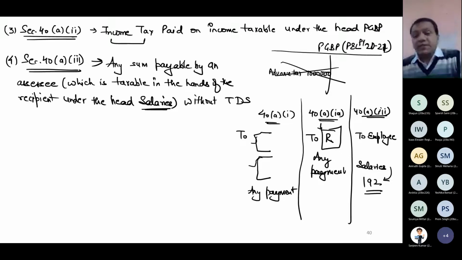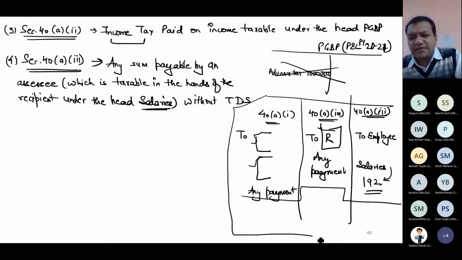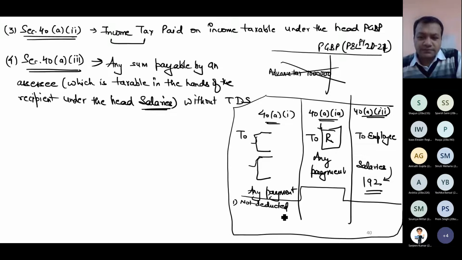In 40A1, can you tell me when there is a default, or when the penalty provisions indirectly apply? In 40A1, when there is a default, either you have not deducted, or you deducted on time but not deposited.